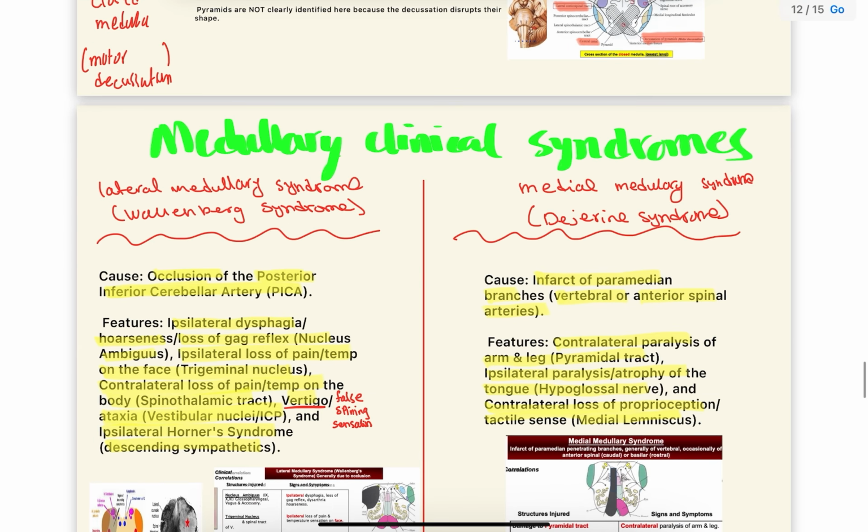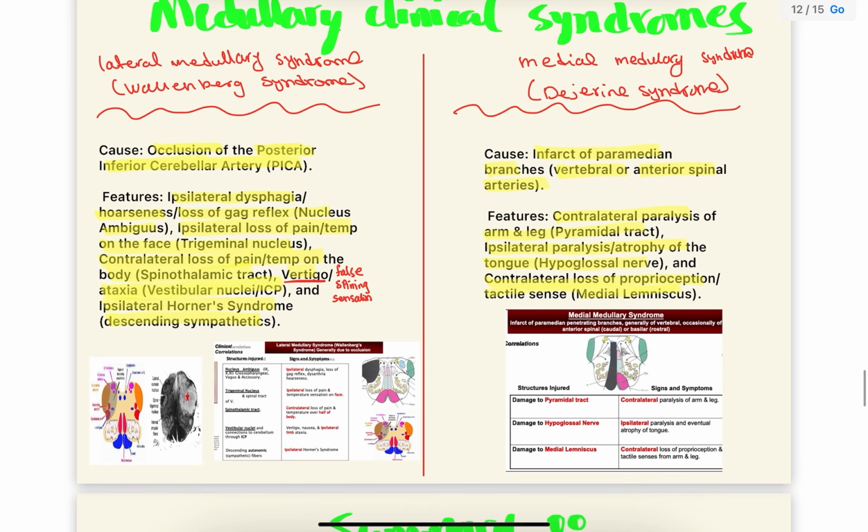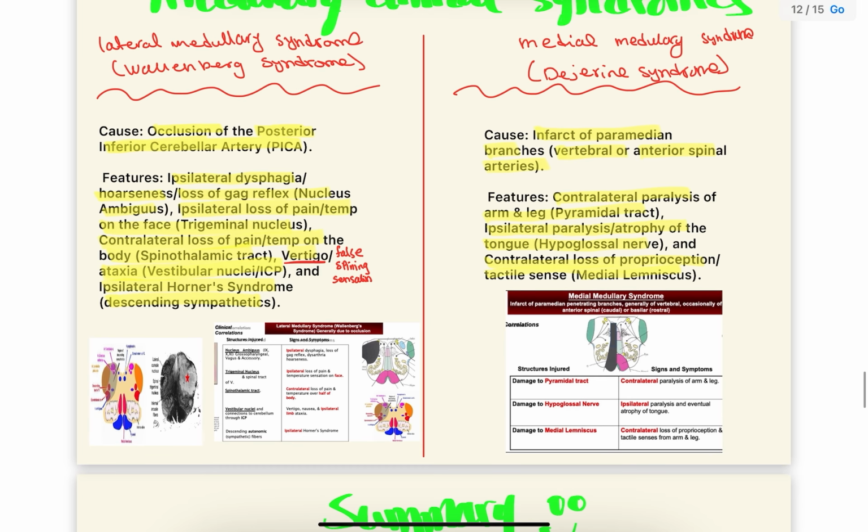Okay. Now let's talk about the medullary clinical syndromes. I have the lateral medullary syndrome called the Wallenberg syndrome. And here I have an issue in the PICA, which is what? Posterior inferior cerebellar artery. Now, it will lead to what? Because it's happening in the lateral medulla, it would lead to ipsilateral dysphagia and hoarseness of the voice. The gag reflex will be gone because it affects the nucleus ambiguus.